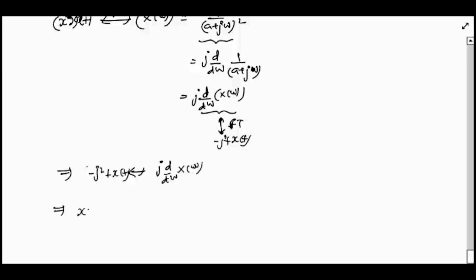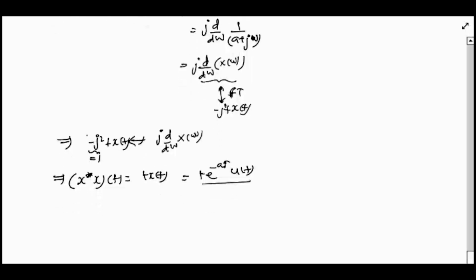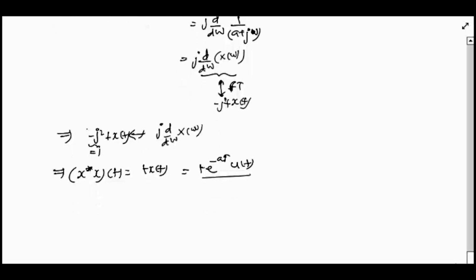This says that the convolution of x with itself is nothing but t x(t). Notice that minus j square is 1, which in this case is t e to the minus at ut. So we see how we could use these properties to get the convolution of x with itself.